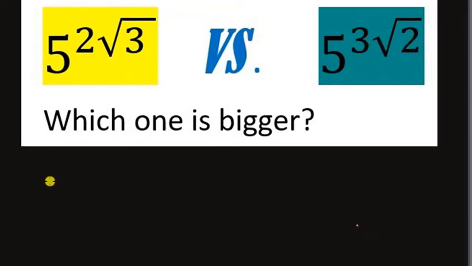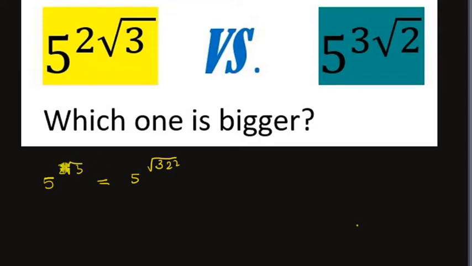So the first thing we need to do is a little bit of algebra here, right? So we have 5 to the 2 square root of 3 power. This one can be written as 5 to the 3 times 2 square.